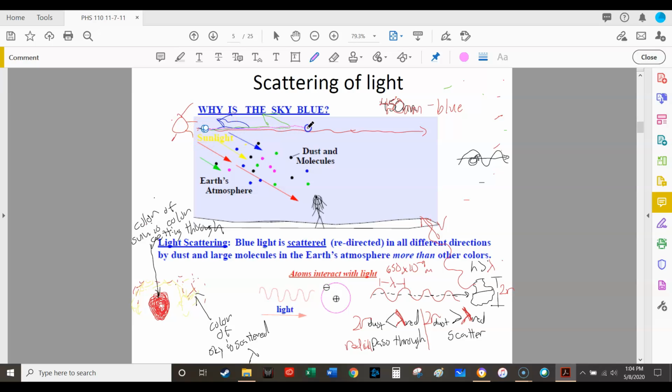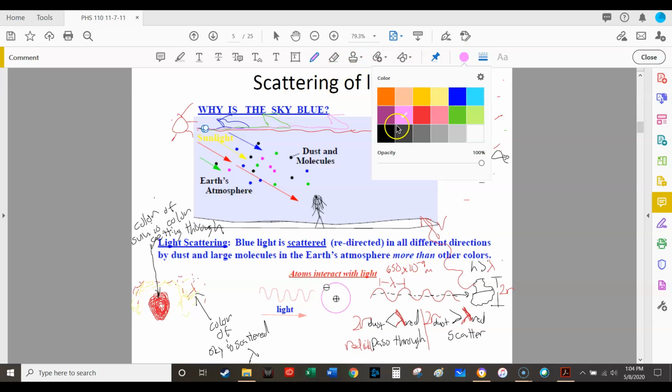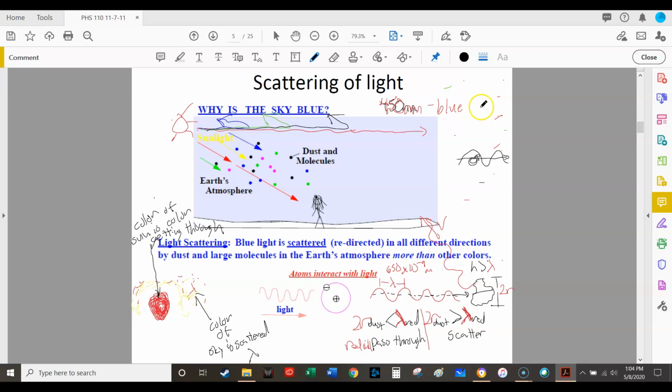So pink gets through a little bit further, but then it finally gets scattered out. So finally, just by probability, red, being the biggest wavelength, avoids most of the little particles that are scattering the other colors back out. There are all these particles lined up, and blue has the highest probability of being scattered back out, right?